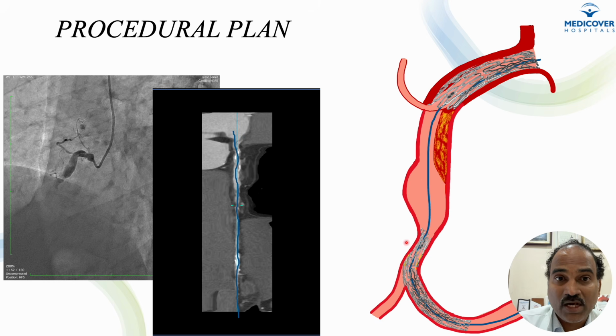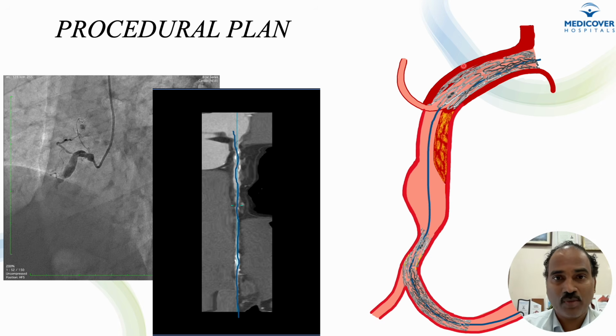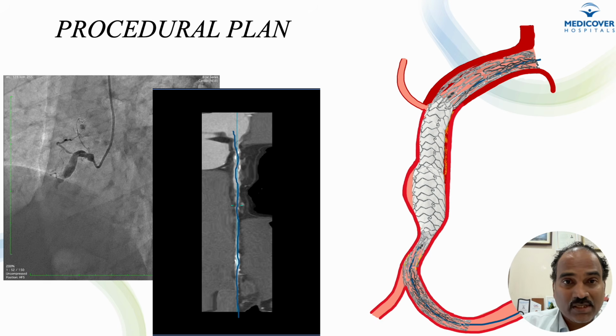And you are putting a covered stent overlapping the two DES, which even minimizes the covered stent related restenosis, which most commonly happens at the edges of the covered stent, that is chocolate wrapper stenosis of covered stent. So that also gets minimized. So this is the plan. So this is the covered stent which we planned.